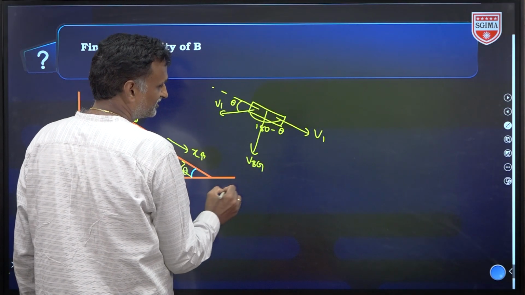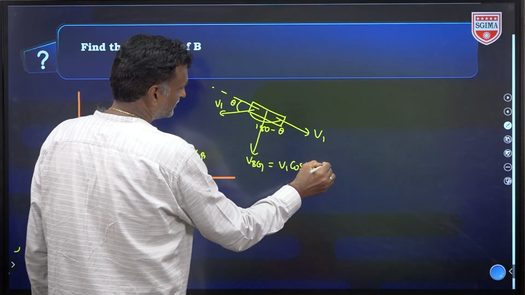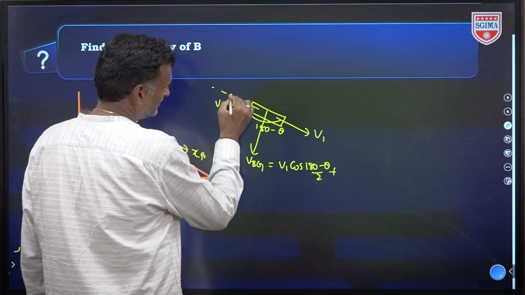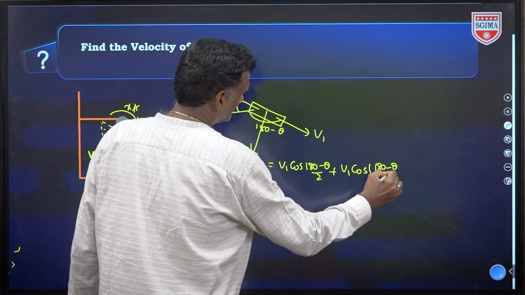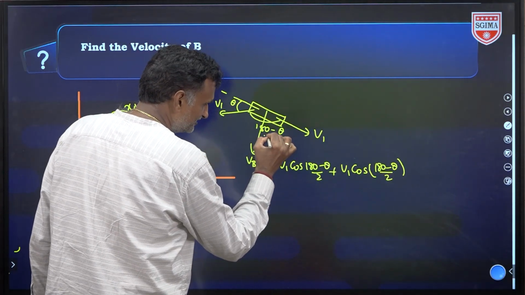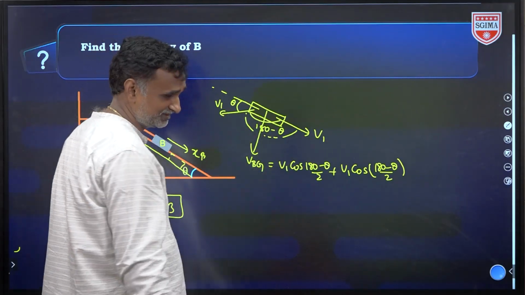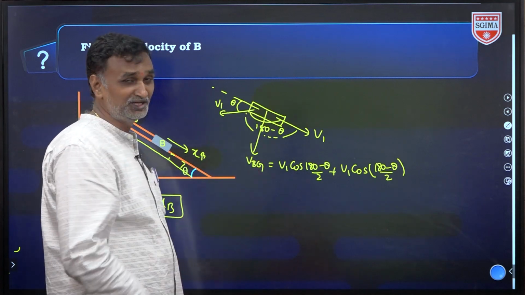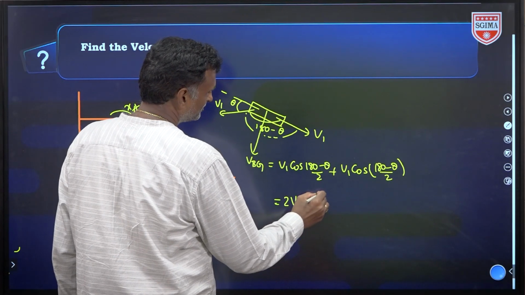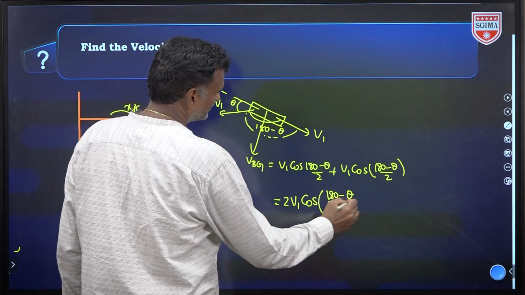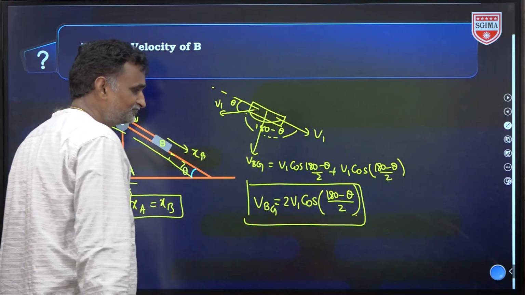This is the velocity of B with respect to ground, equal to V1 cos((180 minus theta)/2) plus its other component V1 cos((180 minus theta)/2), because this is exactly half, since the velocities are the same. So definitely it should act in the middle portion. So the final answer is 2V1 cos((180 minus theta)/2); this is VBG.